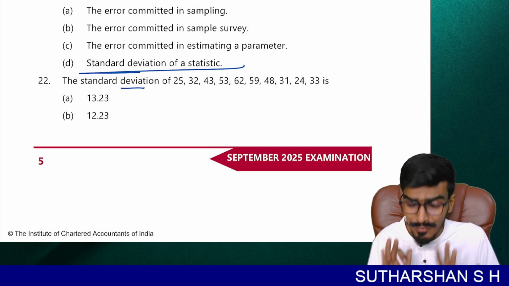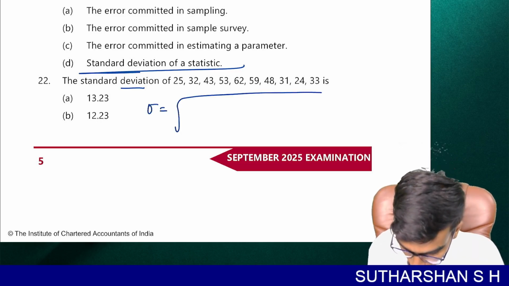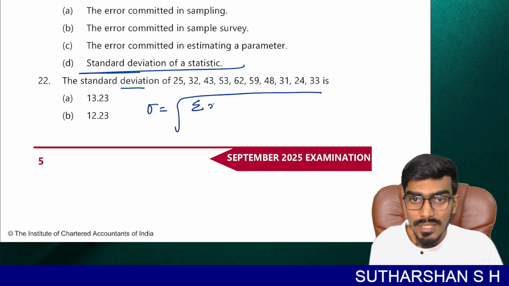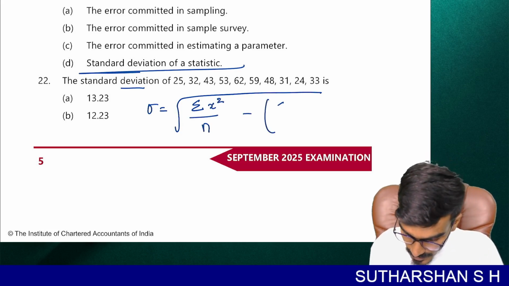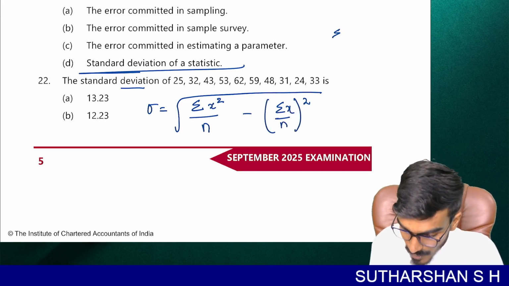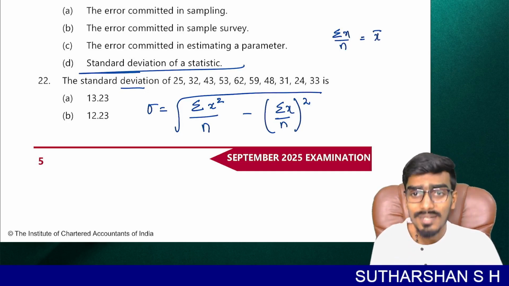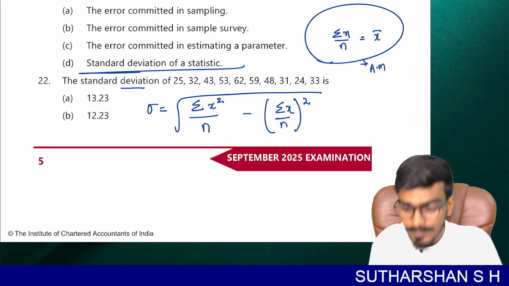First we will blindly go with the formula. Standard deviation is equal to root of summation x square divided by n minus summation x by n whole square. The summation x by n is equal to x bar.